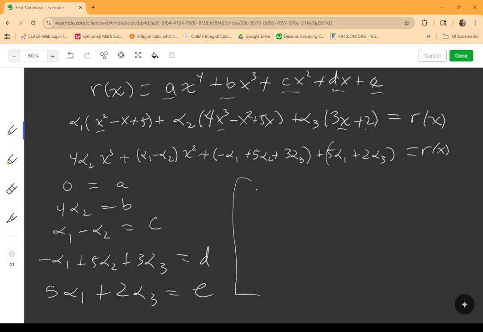So 5, 0, 2, and my augmenting part would be E. Here we get negative 1, 5, 3, that's my D. And then 1, negative 1, 0, that's C. Then 0, 4, 0, that equals B. And lastly 0, 0, 0, A.